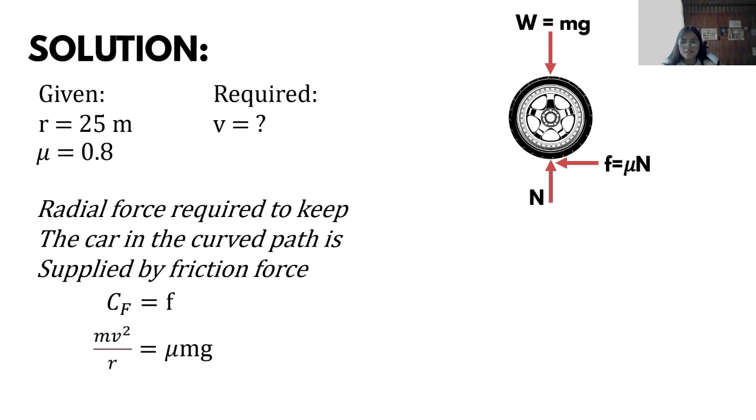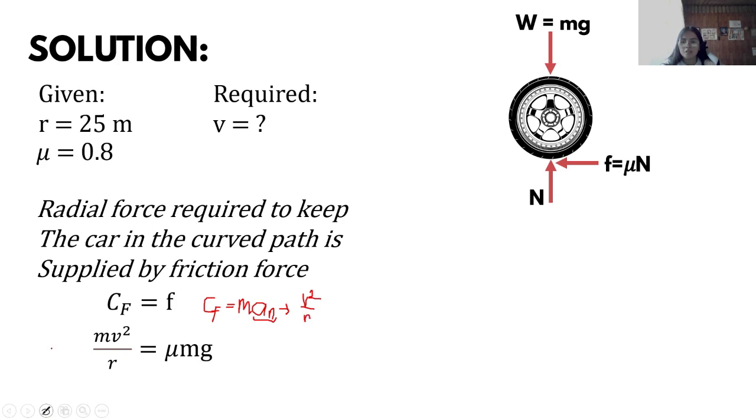Wherein the formula of CF is m a sub n, where a sub n is equal to v squared over r.